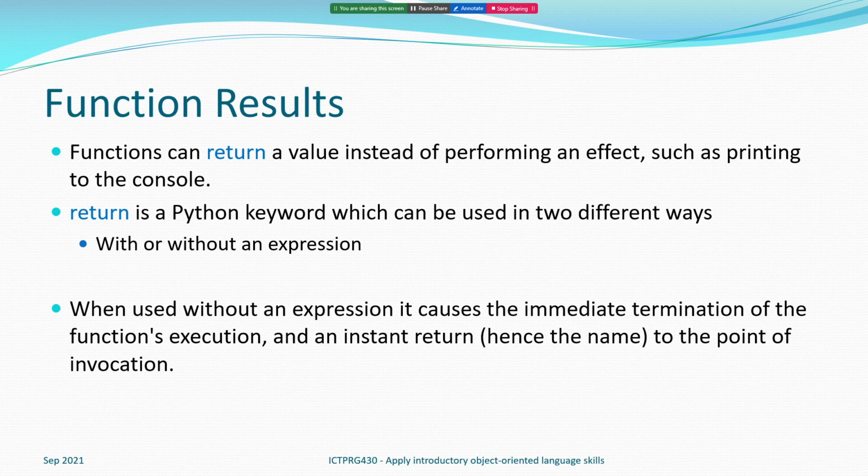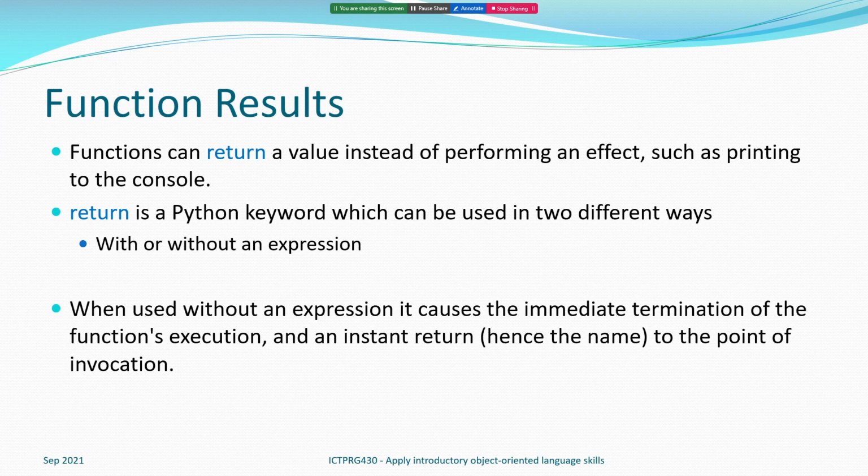Now, we can do two things. We can perform an effect, which happens when we invoke the print function, for example. It prints something on the console screen.